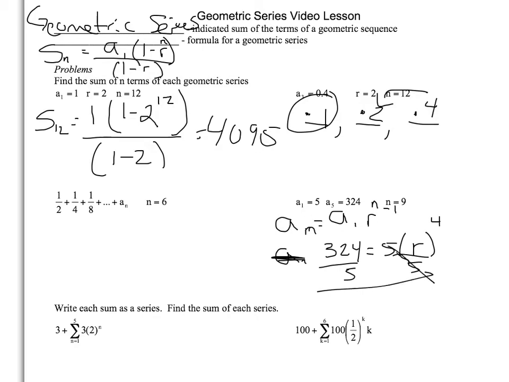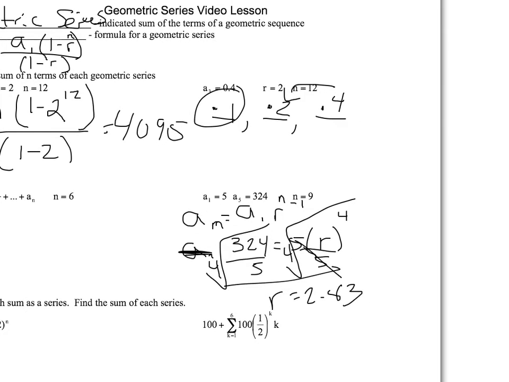To solve for r, I'm going to first divide by 5. So I get r to the 4th equals 324 over 5. And then I take the 4th root, which you can do in your calculator by just hitting 4, and then math, arrow down to the x root button, and then you will type afterwards 324 over 5. And when you do that, you get about 2.83-ish. Now that you have your r value, you can use your sum formula.